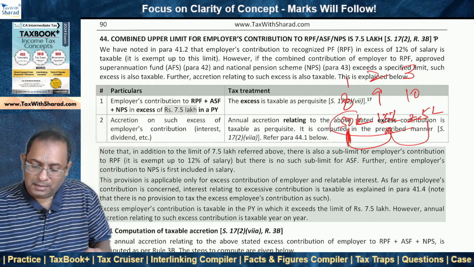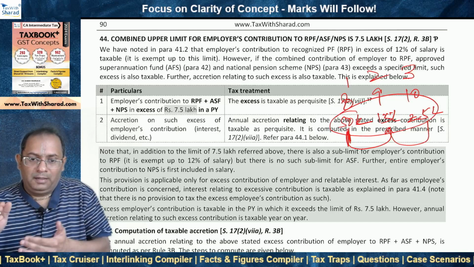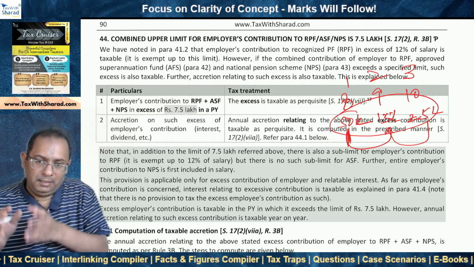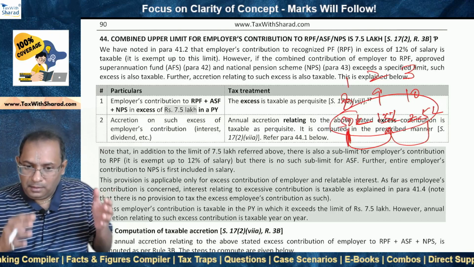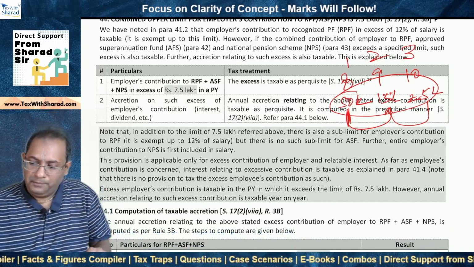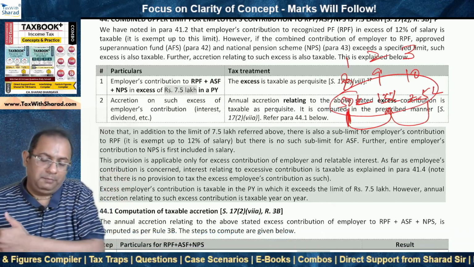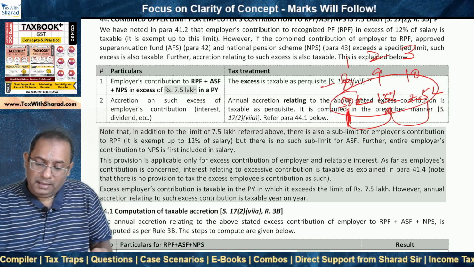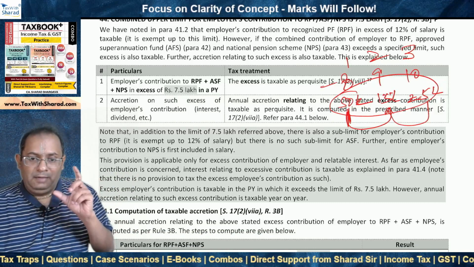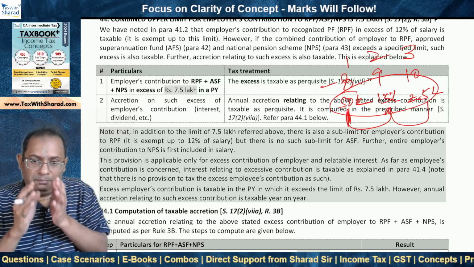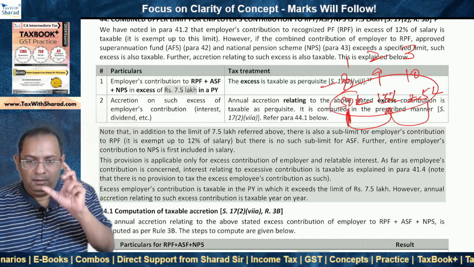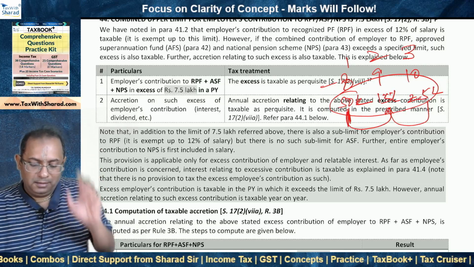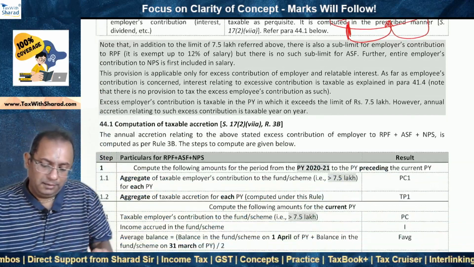So on this excess, the interest and then interest on interest and then interest on interest on interest keeps growing, and the interest or the accretion, whatever the case may be, keeps getting taxable across the various previous years. But as far as excess beyond 7.5 lakh is concerned, it is only related to a particular previous year in which there is excess. So only for that year that excess of beyond 7.5 lakh becomes taxable. Okay, this should be clear.